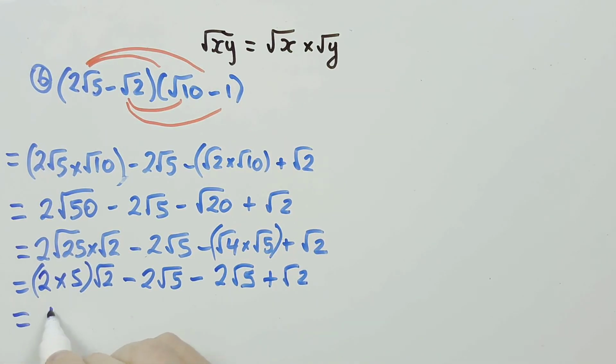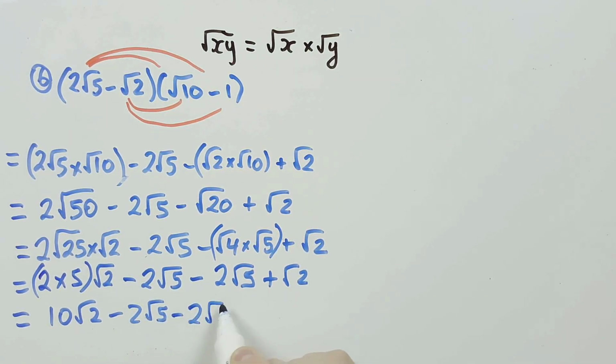And finally simplifying everything once again, we're left with 10 root 2 minus 2 root 5 minus 2 root 5 plus root 2, and lastly, just combining like terms, we're left with 10 root 2 plus root 2, 11 root 2, minus 2 root 5 minus 2 root 5. Well, that just leaves us with minus 4 root 5.